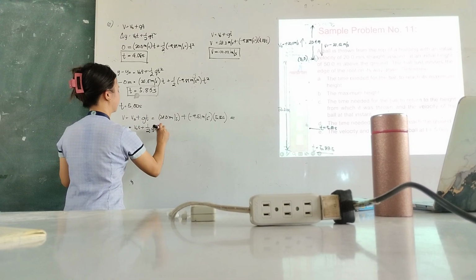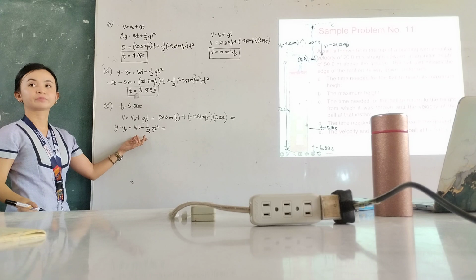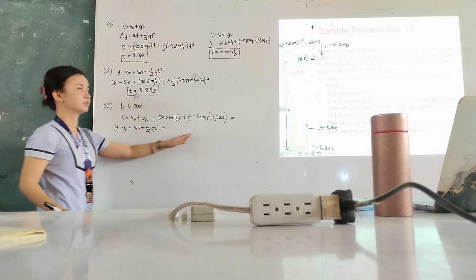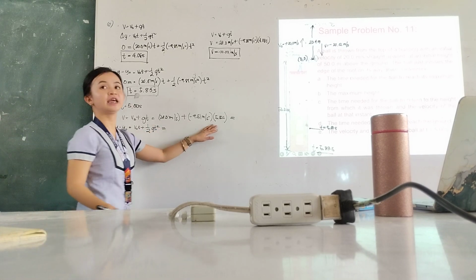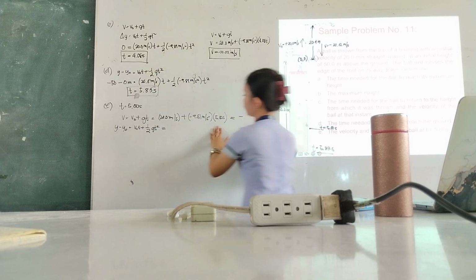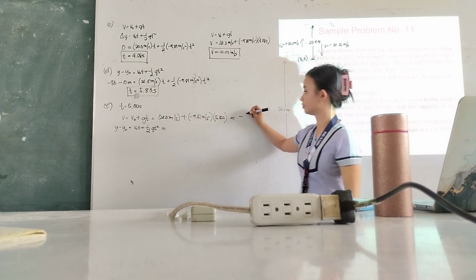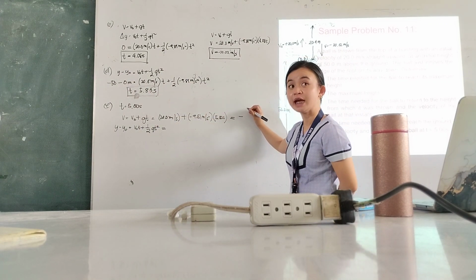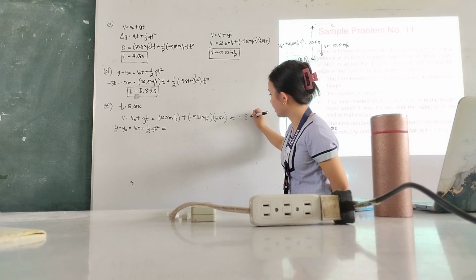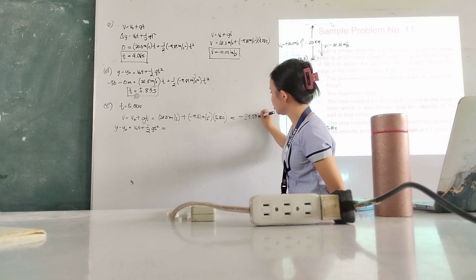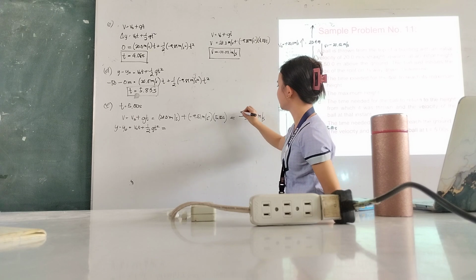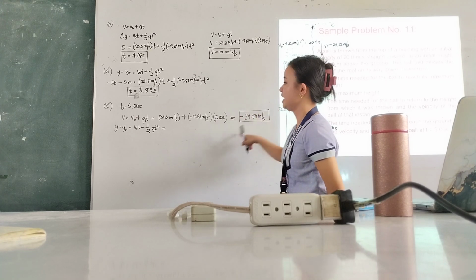So the velocity is negative 29.05 meters per second.